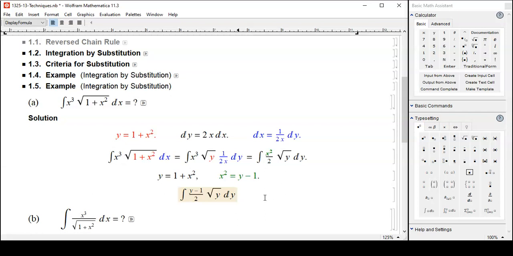So the original integral will turn out to be this. This x squared is y minus 1. And then finally we have a y integral. So shall we work this out? Okay, let's go ahead and do that.